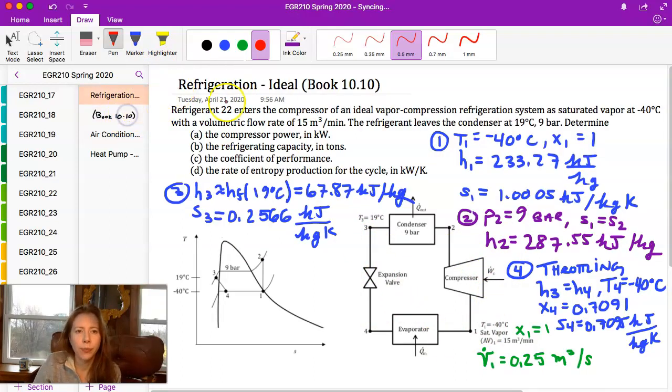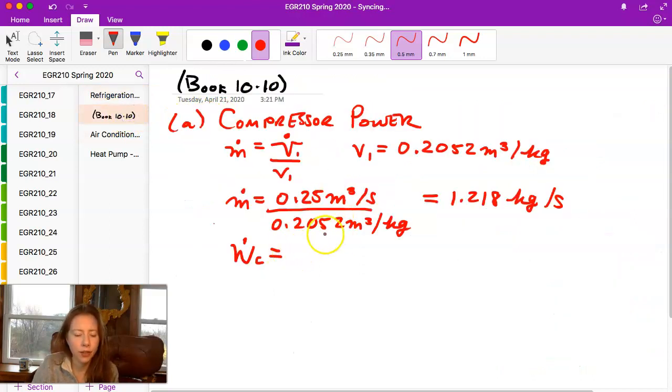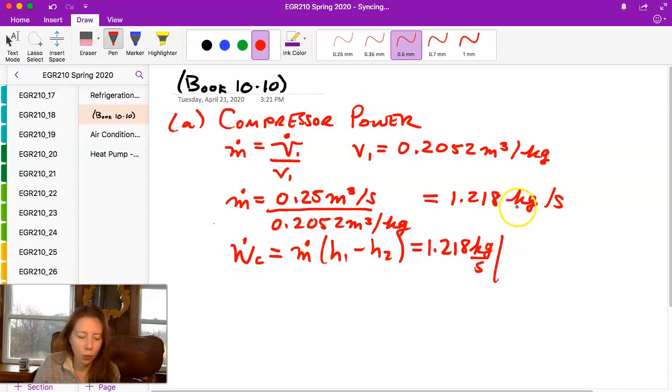So W dot C is going to equal M dot H1 minus H2, which is going to be 1.218 kilograms per second. And H1 we determined was 233.27.